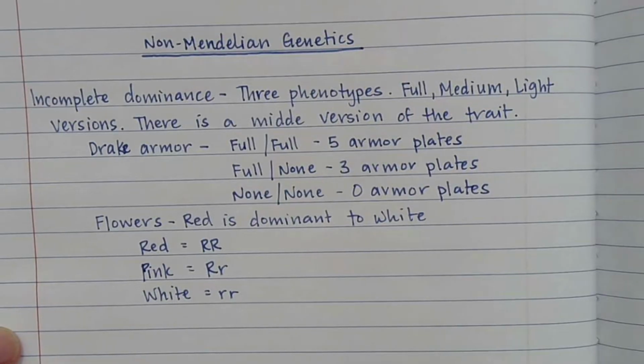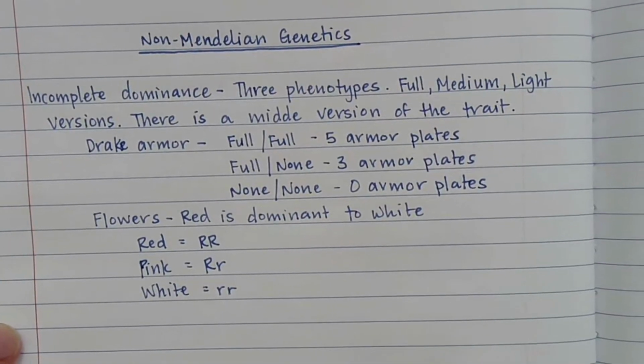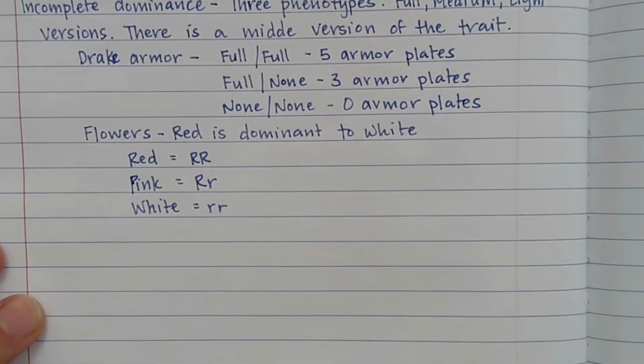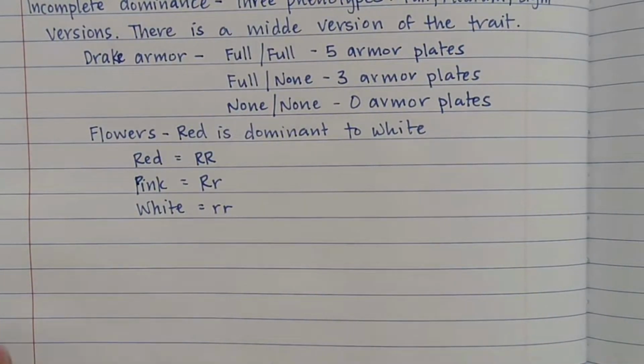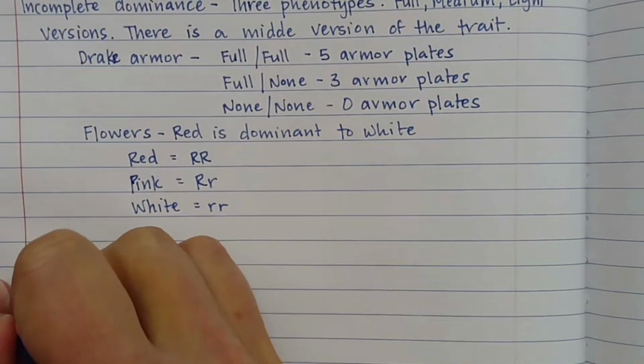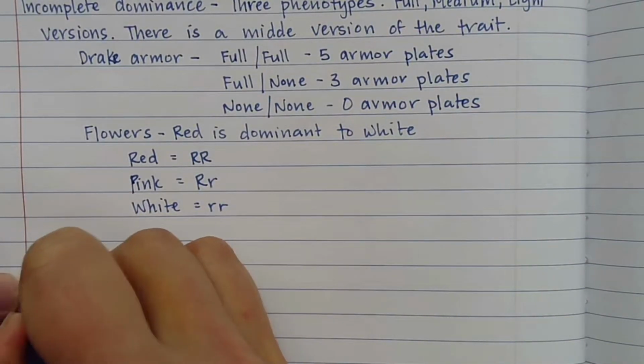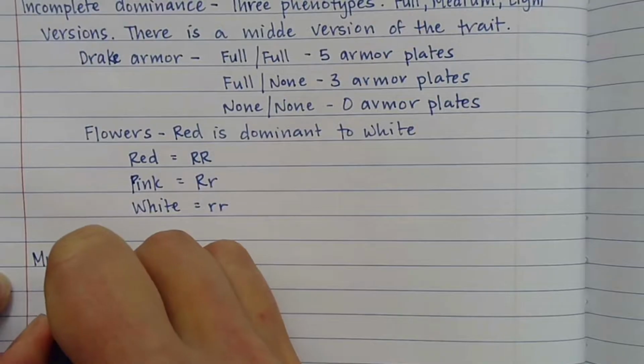Okay, the next thing that we're going to look at often has 3 phenotypes as well, but you can have more, and that is multiple alleles.